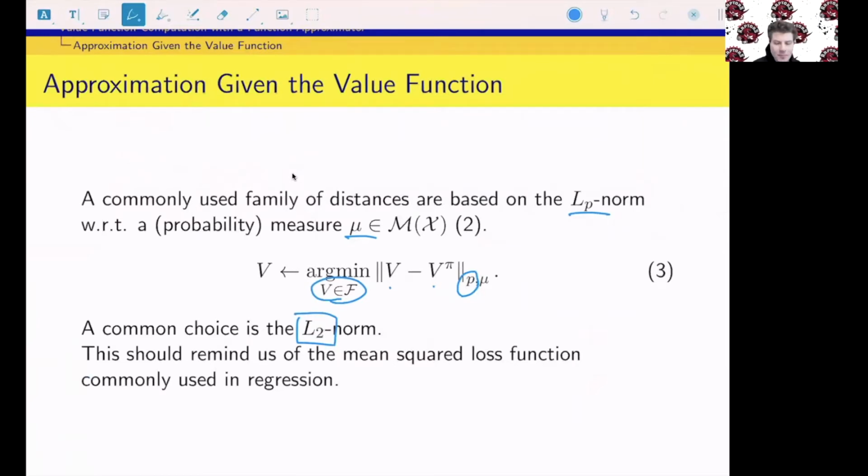Hey, Professor. Is there a situation where you would use something that's not L2? Aside from L1 and L2, in most machine learning courses I normally see either L1 or L2, right? So is there a situation where you would use something else? There are, but as you observed, they're not very common.